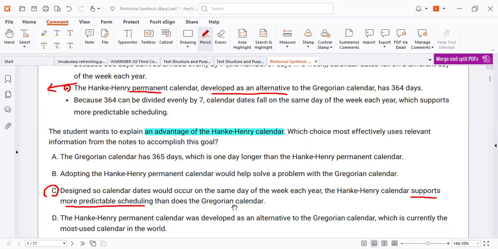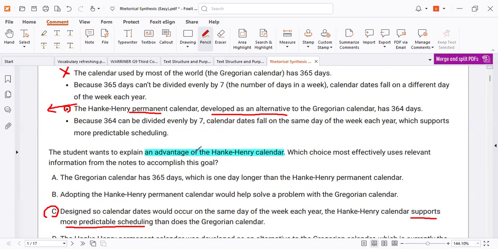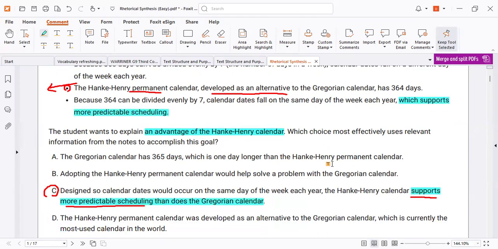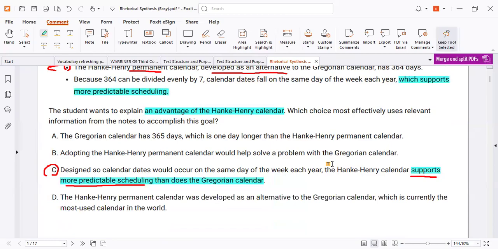Yes. And we can find here again, look, advantage, which supports more predictable scheduling. And that he mentioned here supports again. Advantage. That's why. You got that?